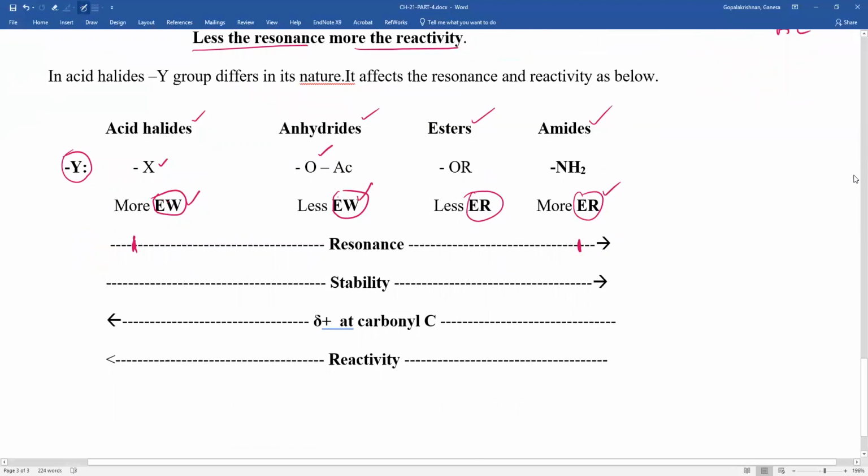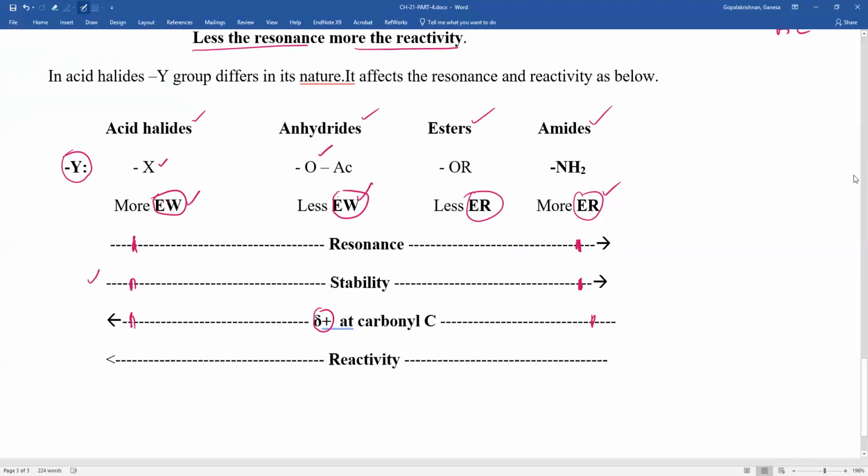So there is more resonance in the amides than in the acid halides. The resonance makes amides the most stable and acid halides the least stable. It also affects the amount of positive charge: less resonance means more positive charge, and more resonance means less.